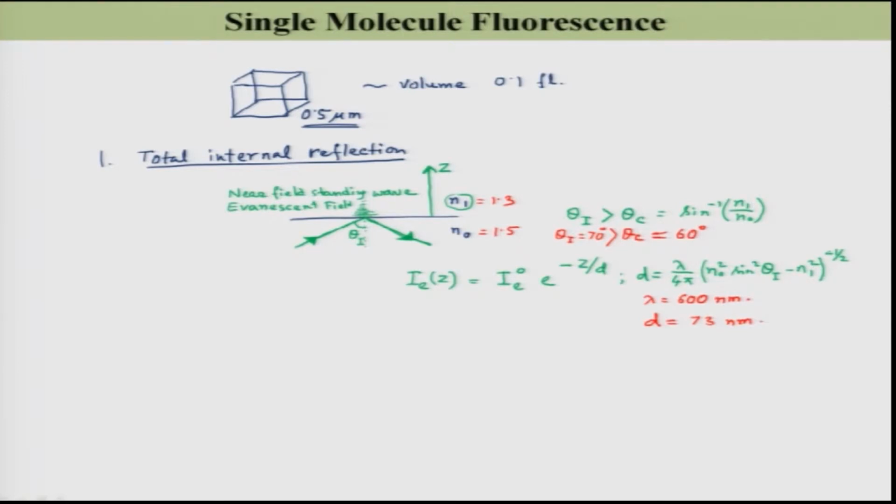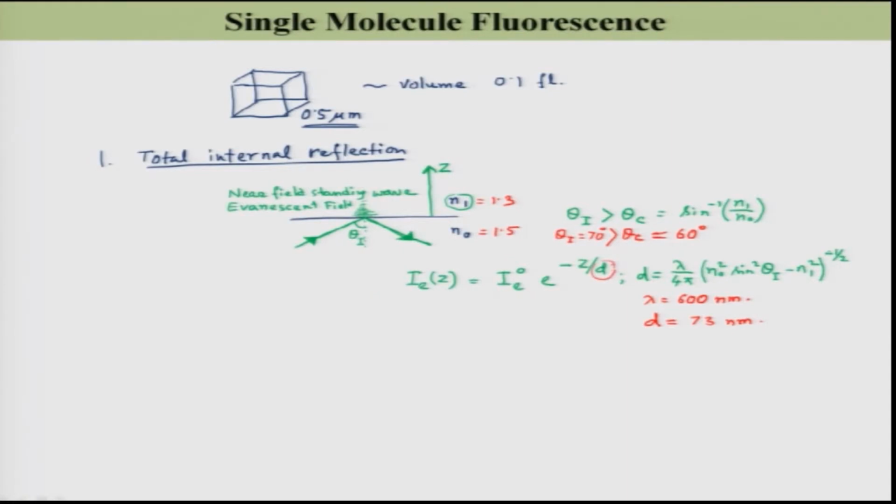So, you see this d is 73 nanometer, and d is over here, right. That means the intensity or the strength of this evanescent field will decrease exponentially, and it will be almost 0 at 4.5 times this d value. This is the nature of this exponential function.